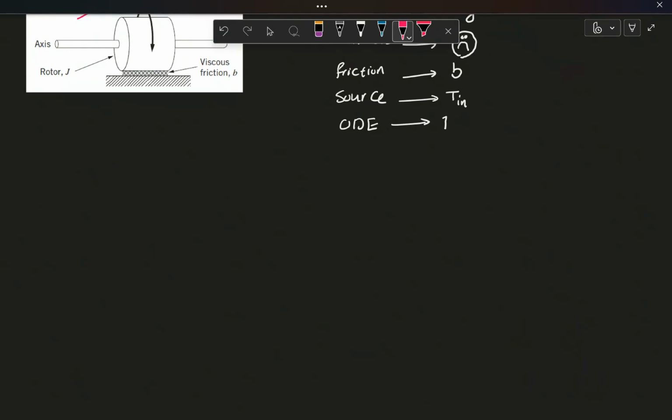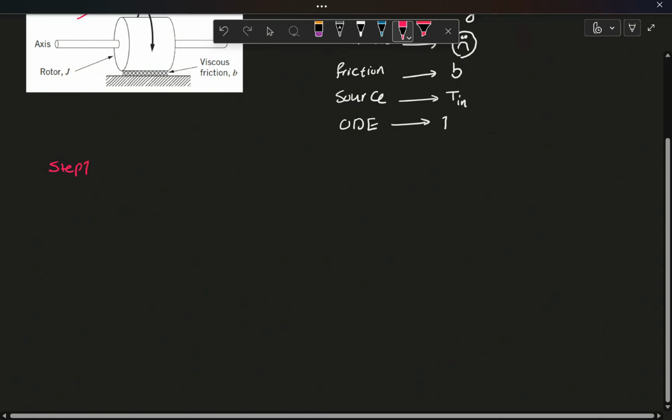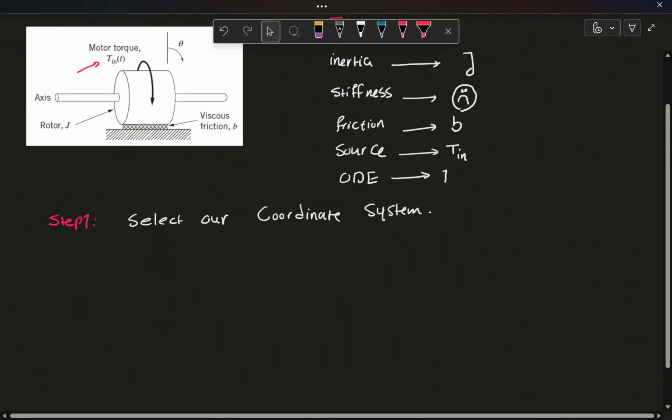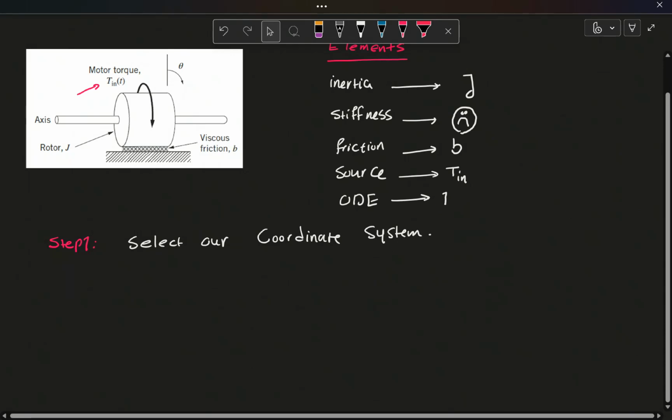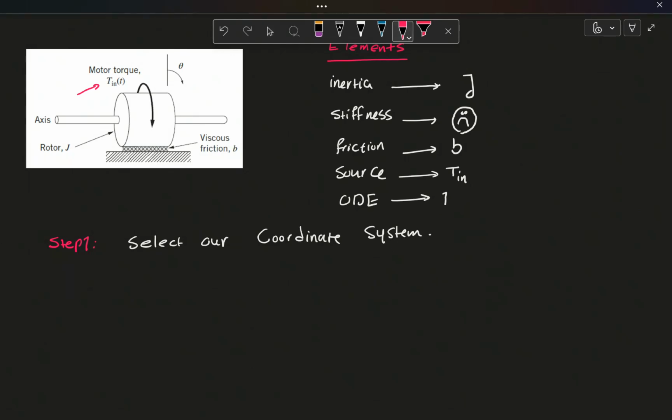I'm going to start with step 1. Step 1 was selecting our coordinate system. Now, if you look at this setup, you see that theta is given to you in a way that it comes out of the page.